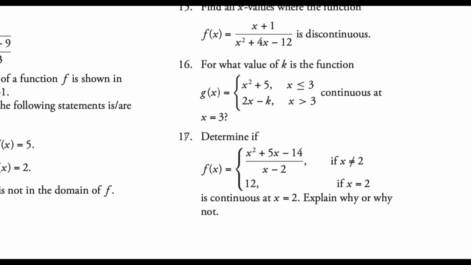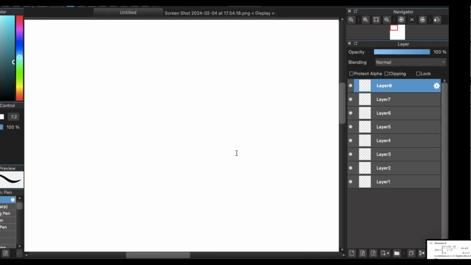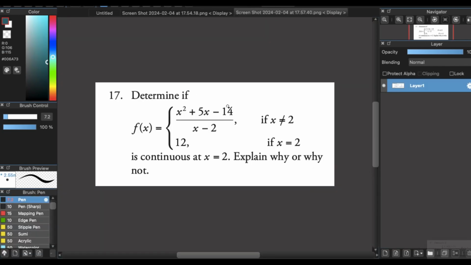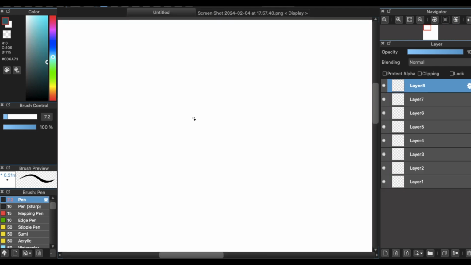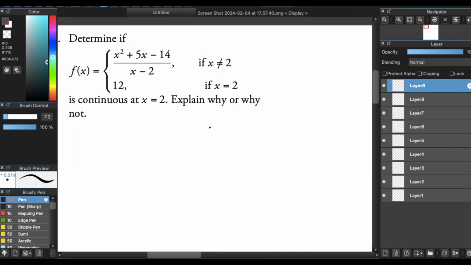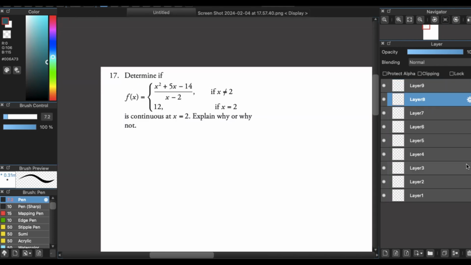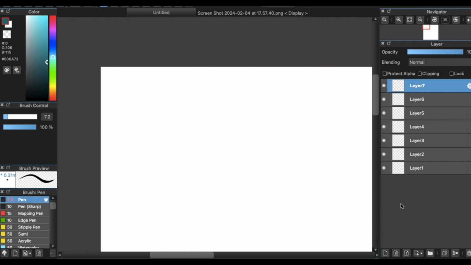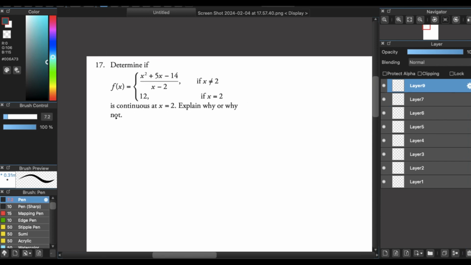Determine if the function f(x) is continuous at x equals 2, and explain why or why not. We're going to use the same method that we used for the last example.